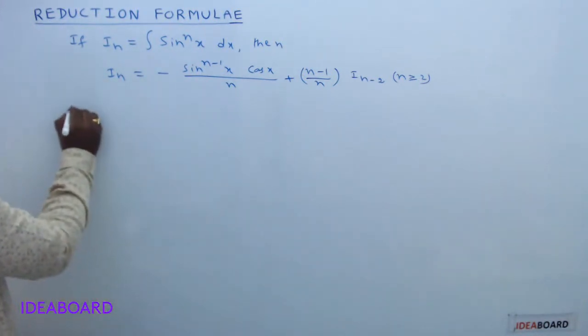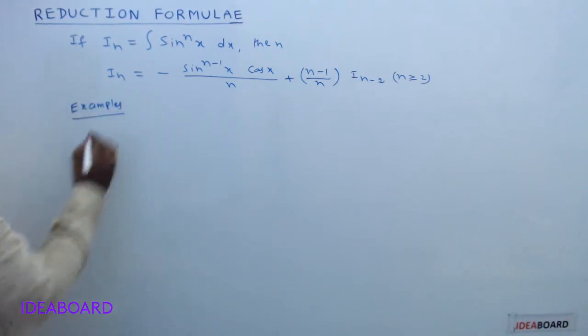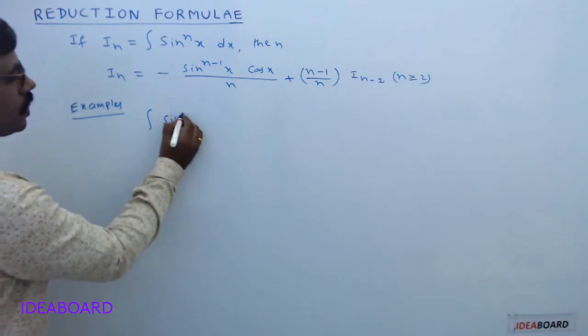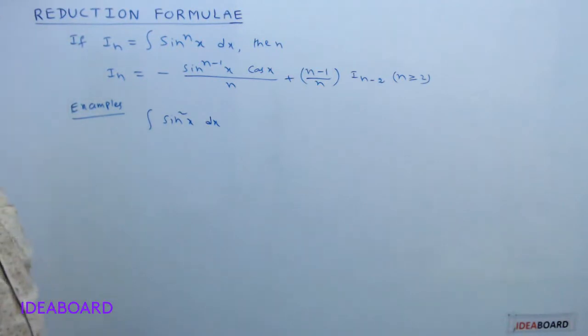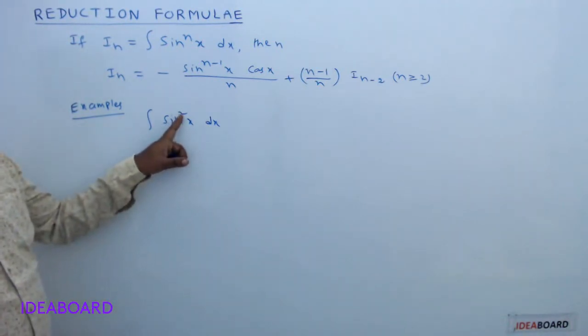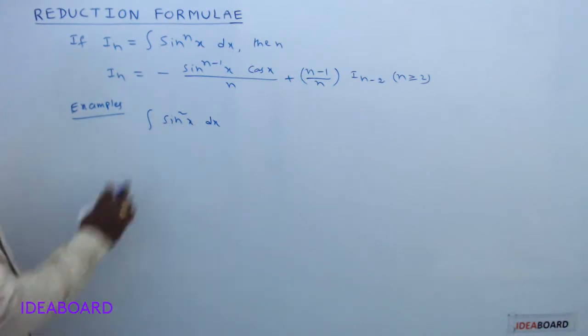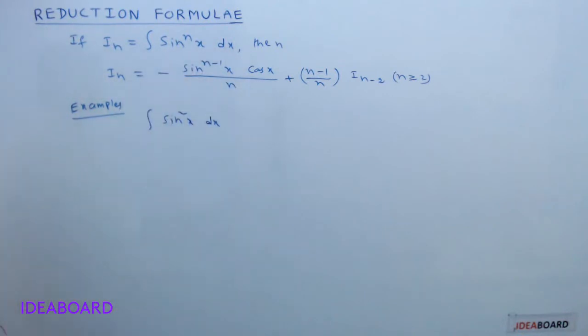Now see some examples. Suppose we need the value of the integral of sin^2 x dx. Here the power of the given function will be 2 and it is in the form of the integral of sin^n x dx.